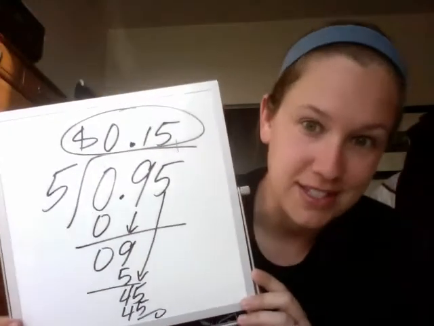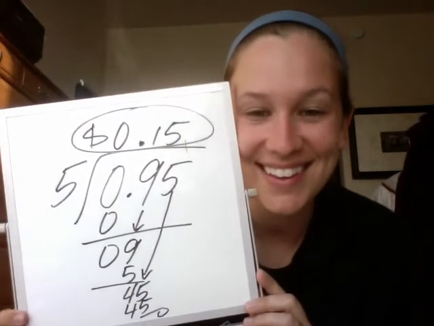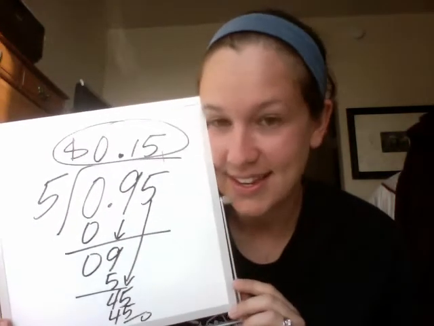Now let's move on to C. 95 cents divided by 5. Okay, pause me if you need to. I'm going to flip it over. This one is also 15 cents. It's getting real silly. Okay, 15 cents.